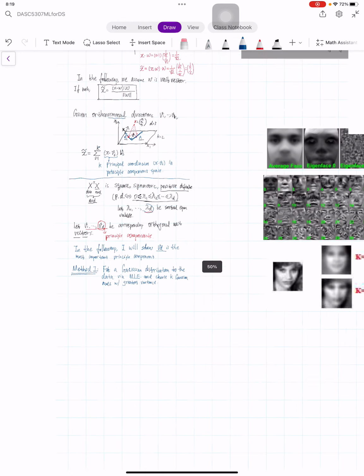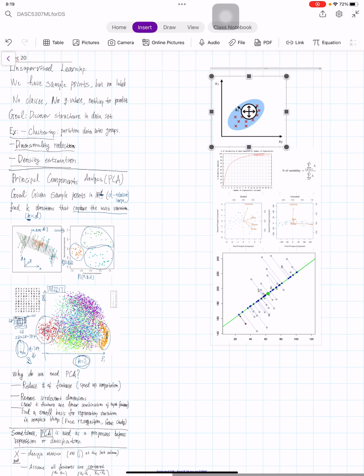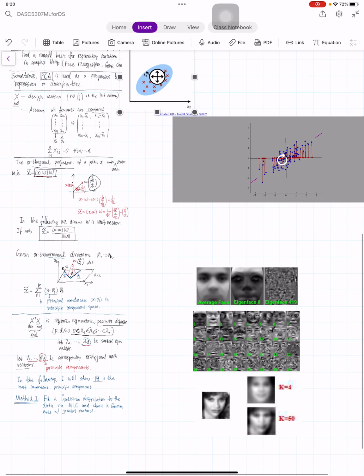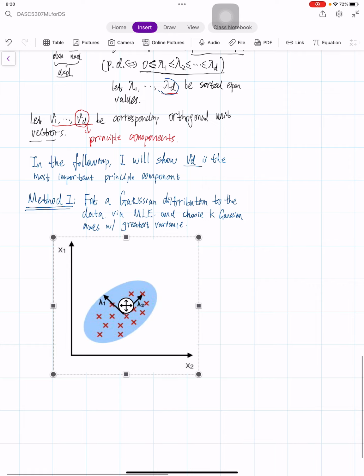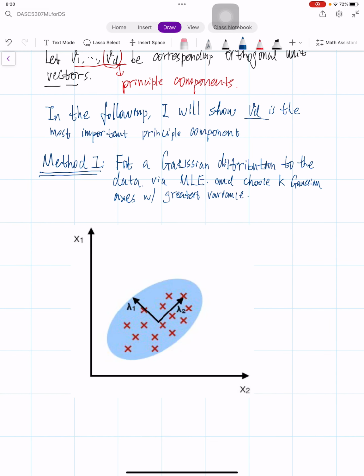Okay, so here I have a graph. For example, in this data set, suppose every data point has two coordinates, two features, x1 and x2. And we can fit the Gaussian distribution. Remember, Gaussian distribution corresponds to this ellipse-shaped contour plot. And this is the average, mu1, mu2.